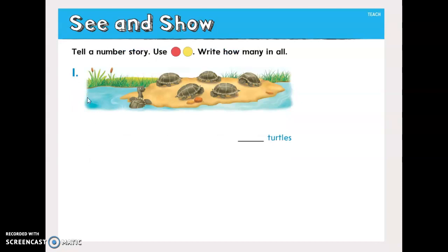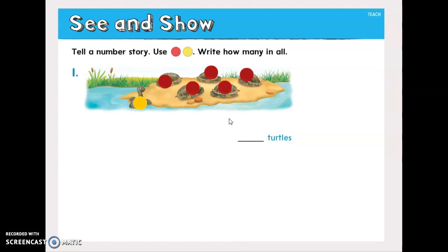Okay, so for this next one it says, tell a number story. Use counters. Write how many in all. Okay, so we're going to get our counters out, and there are 4 turtles sitting on the beach. Oh no, there's more than 4. There are 5 turtles sitting on the beach. 1 more turtle wants to join them.